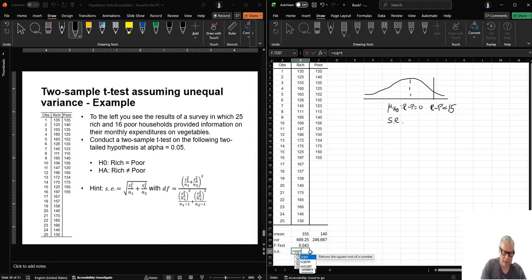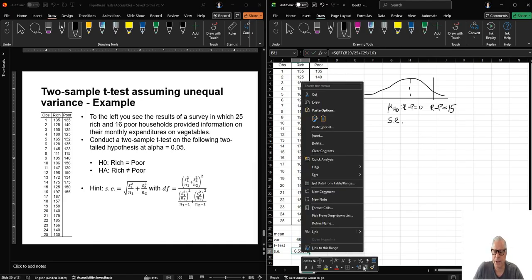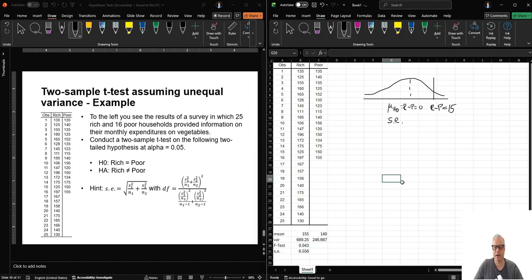So the formula is the square root of the variance of the rich divided by the number of rich, n1, 25, plus the variance of the poor divided by 16, the n of the poor. Okay, so now we get a standard error of 6.556.